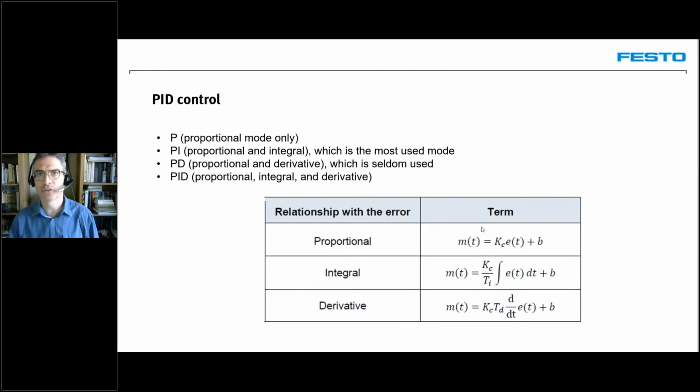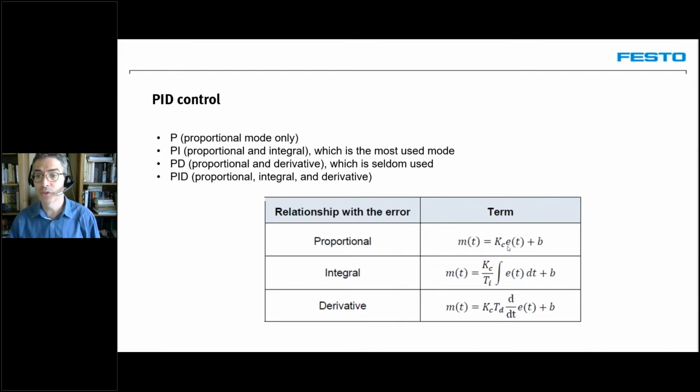Of course, you will understand that a controller should not respond the same way to an error of 10% as it will respond to an error of 50%. So the response should be much more aggressive if the error is larger. That's what we mean when we speak about the error. We will see that there are different ways of producing a controller output signal from the error. The first one is proportional.